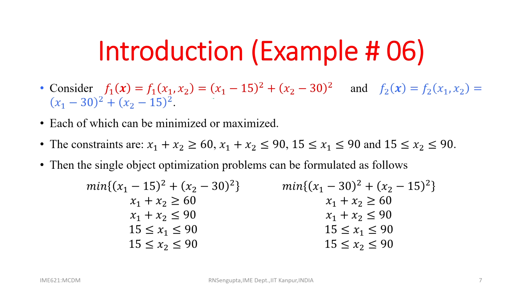The function is given by (x1 minus 15) whole square plus (x2 minus 30) whole square, where 15 and 30 are the centers for the first circle, which I will denote by f1. The second objective function, which is the second circle, denoted by f2, is given by (x1 minus 30) whole square plus (x2 minus 15) whole square. So, the center for the second circle has changed from the first. The first one was 15, 30, now it has changed to 30, 15.